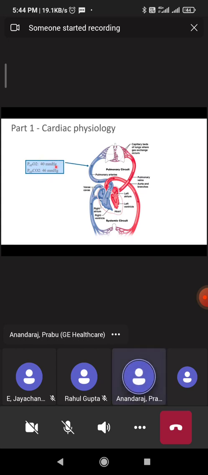It's about 40 millimeters of mercury, whereas the carbon dioxide concentration is high because the end product of any metabolic reaction in the body is carbon dioxide and water. And water is eliminated through multiple routes, by evaporation, by sweat, by urine, by defecation, by transpiration. There are multiple ways through which water is removed from the body. The carbon dioxide has to be eliminated through the lung.